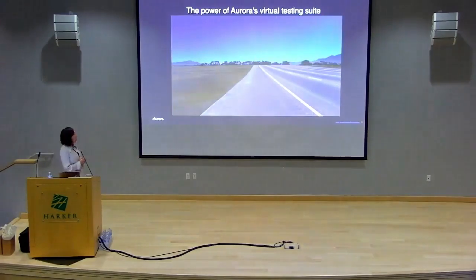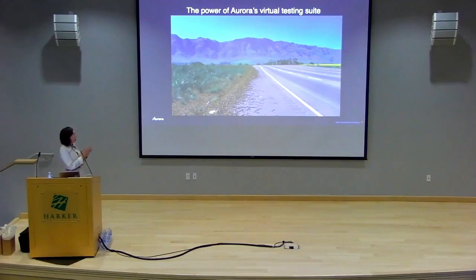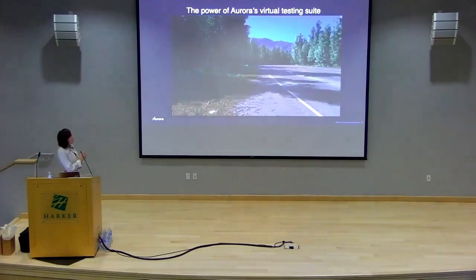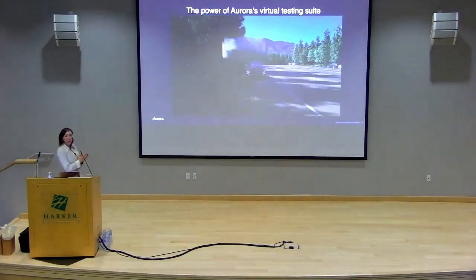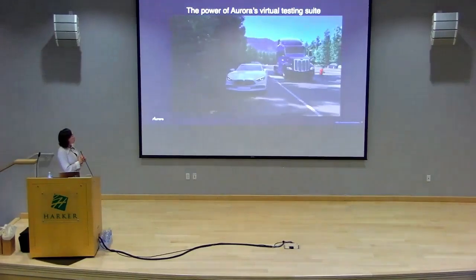The other example around the real world is that the scenery constantly changes. Even on the same road, sometimes there's no vegetation, but then during certain seasons, the vegetation grows. And so again, simulation allows us to consider all these different variations. And especially interesting like this, a small child comes out of a parked car and runs in front of the truck.